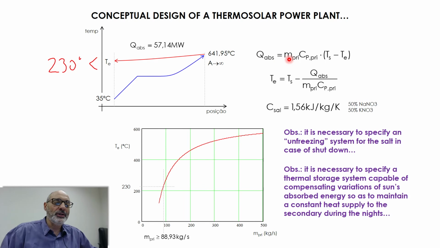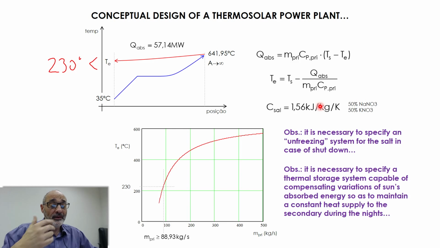And I'm just recovering an equation that we developed a few slides ago. That's the energy balance of the primary fluid. And from this equation, I know that TE is equal to TS minus the absorbed heat divided by the heat capacity. Okay, and heat capacity, I know this is charted data.